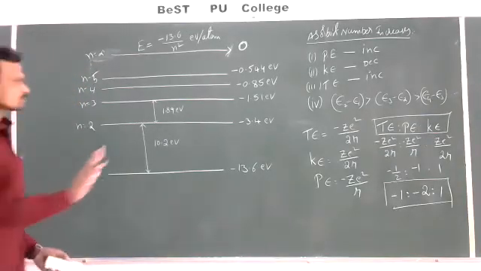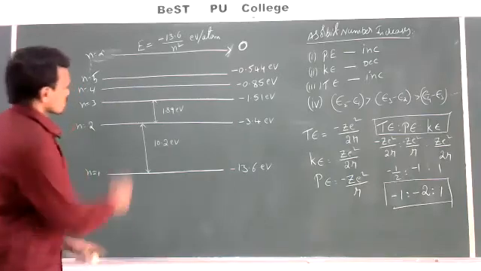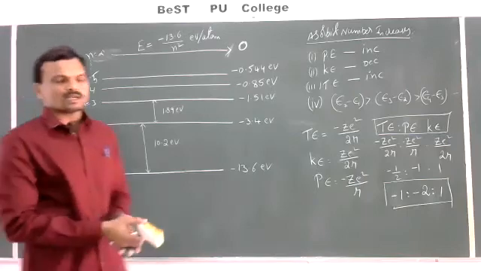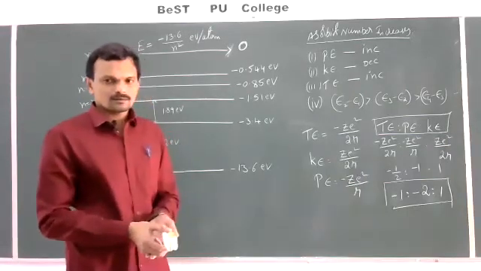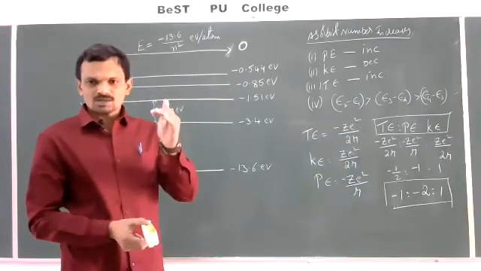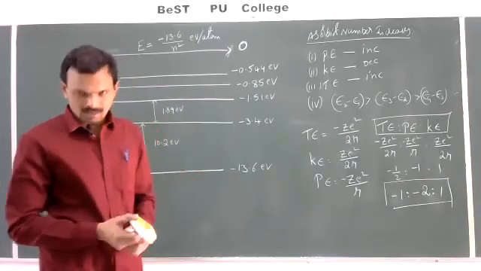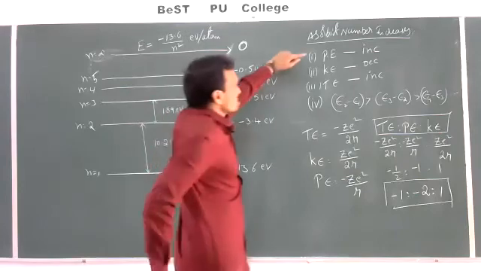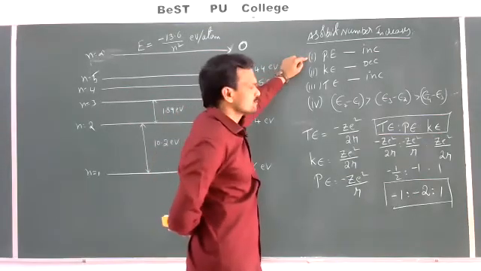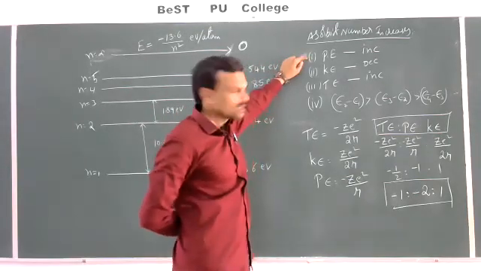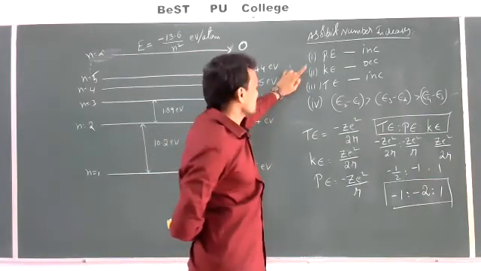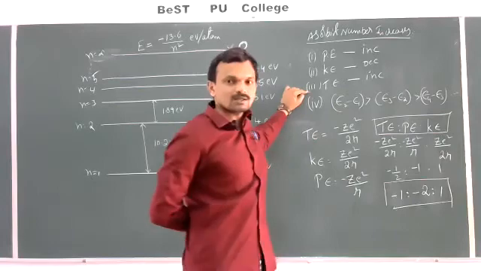Now let us see this regarding energy relations. As the orbit number increases, the energy associated with that orbit increases. Potential energy of the electron increases, kinetic energy of the electron decreases, and total energy increases.